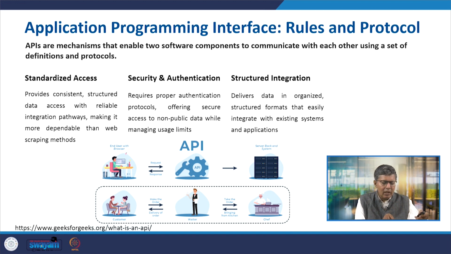Suppose you are the end user with the browser, and you send a request, right. The API will take the request and pass it on to the server backend system, and from there the response is generated. It is similar to a hotel. There is a customer who gives an order to the waiter, who is nothing but the API.